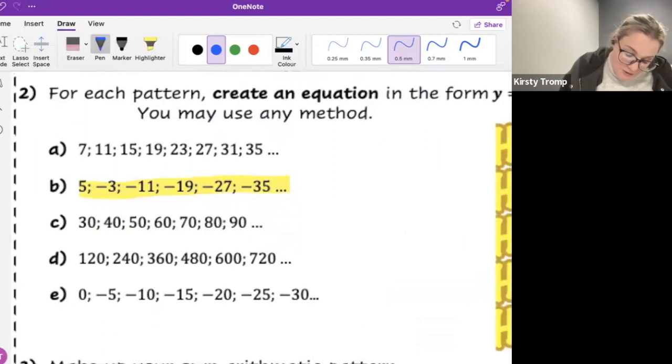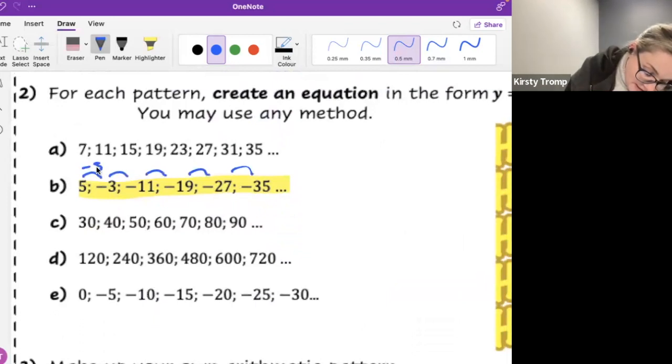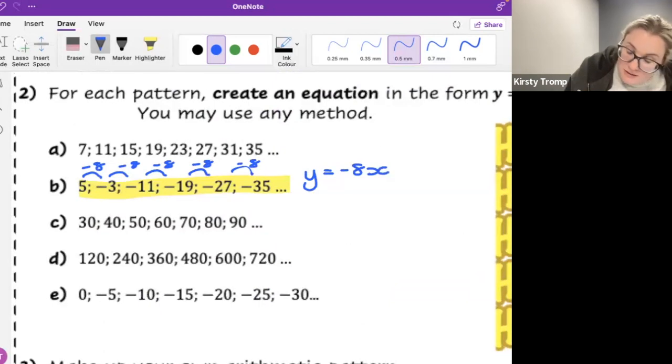Okay, guys. So if I'm looking at this next one here, what was happening each time? Each time I was minusing 8. So I had y is equal to negative 8x, and I would have needed to plus 13.